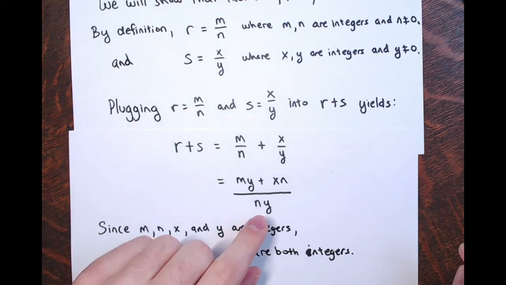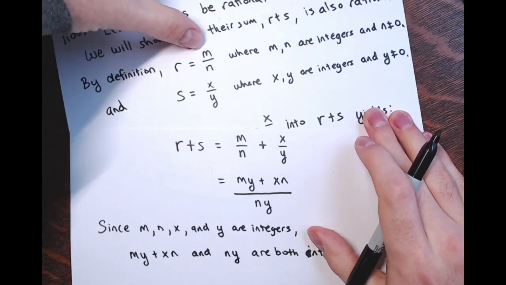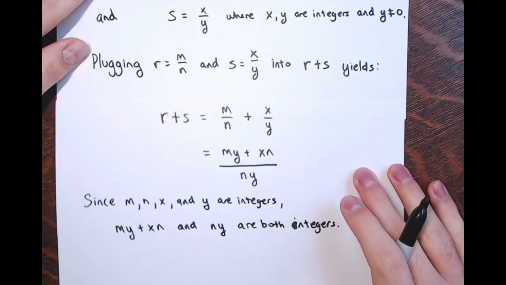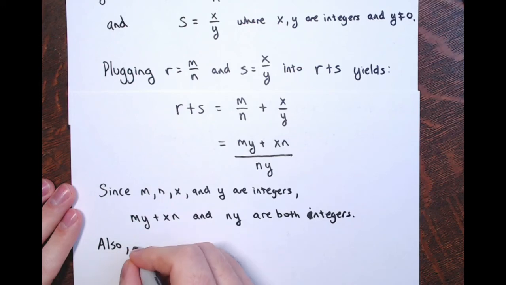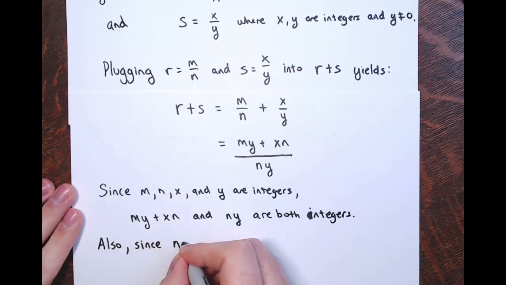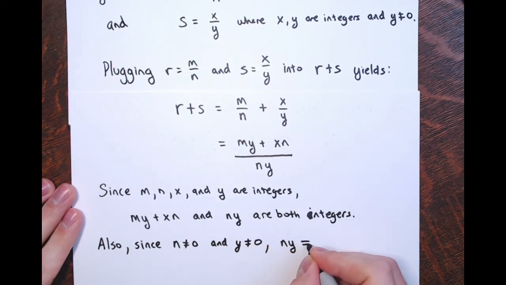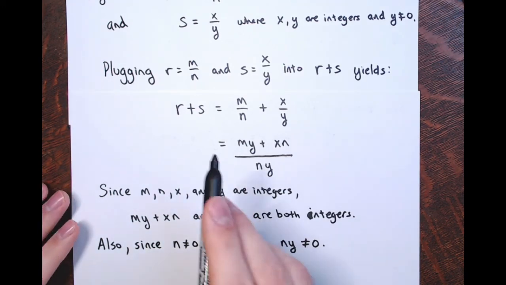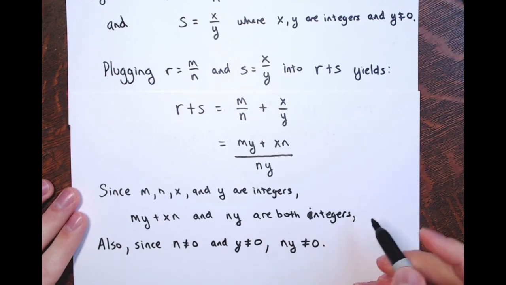Additionally, I want to make sure that the denominator is not 0. We stated earlier n's not 0 and y's not 0, so their product must not be 0 as well. Since n is not 0 and y is not 0, n times y is not going to be 0. So now I've shown that, I guess I should call these integers.